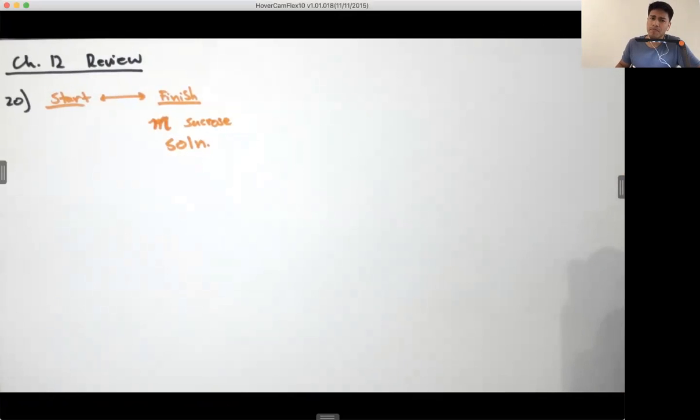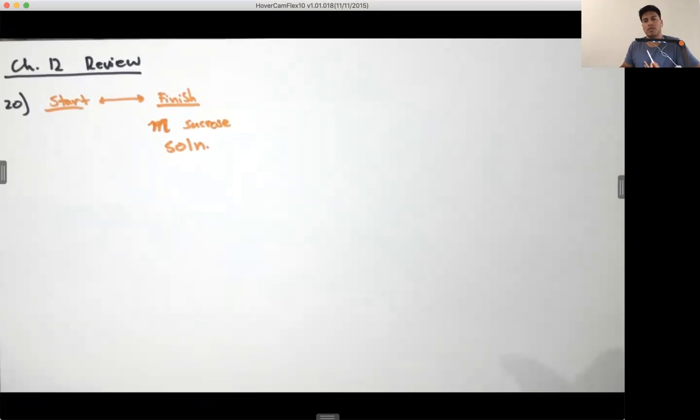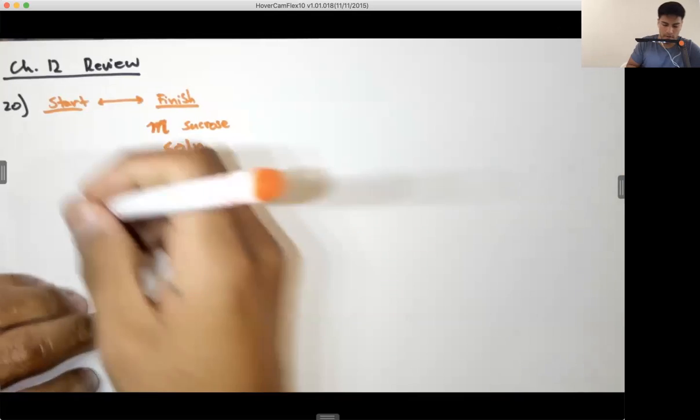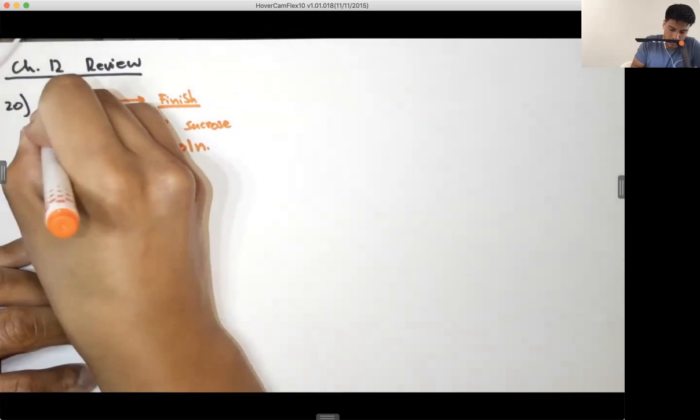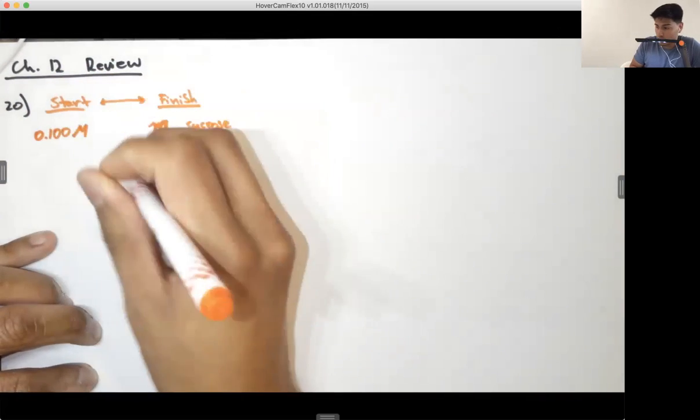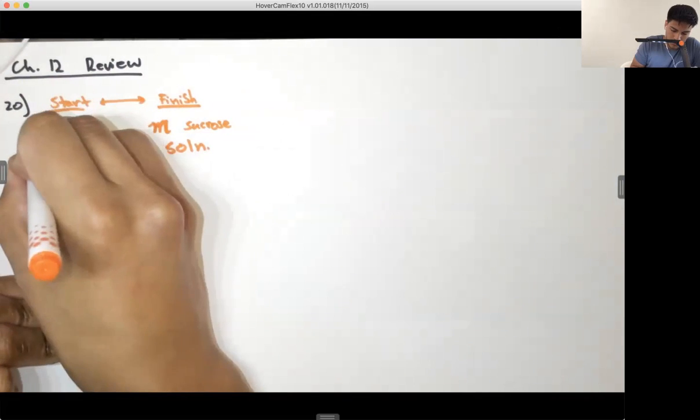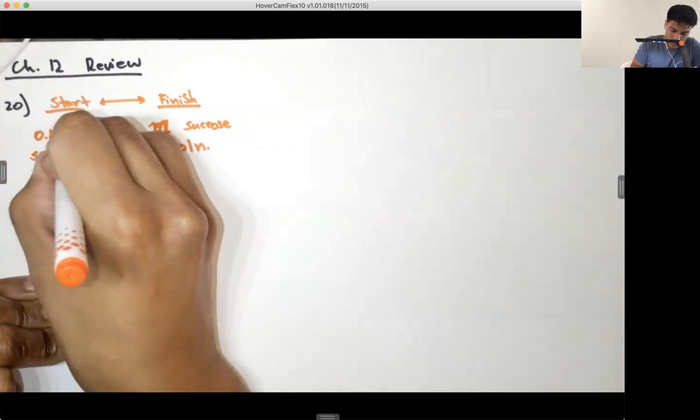But density most of the time is going to be something that we use for a step, okay? In this case, I would say your starting point would be the molarity that they give you. So what's the molarity that they give us for letter A? It's going to be 0.100 molar of the sucrose solution, okay?